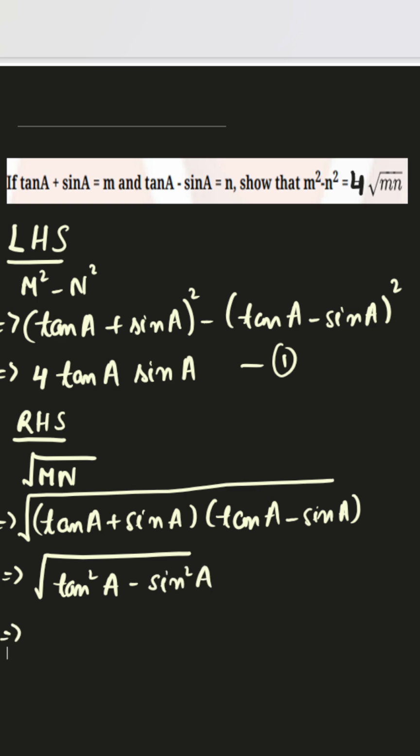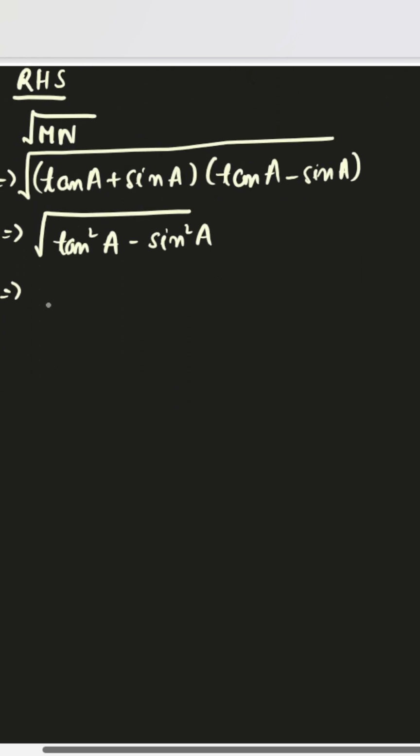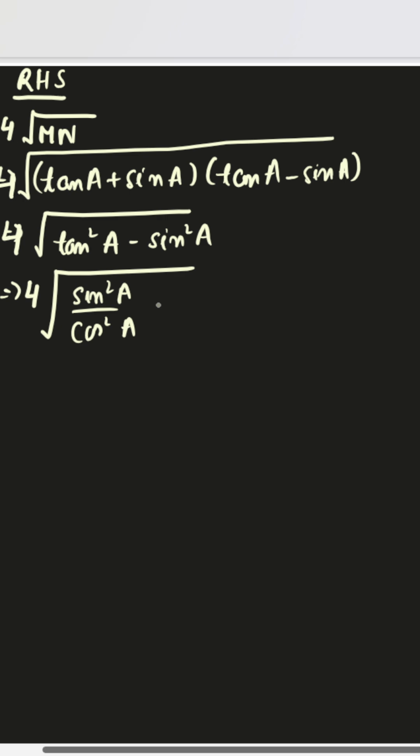Now when we are at this point, we will be expanding tan A, which is sin A by cos A. So I get sin square A by cos square A minus sin square A, and I'll write the 4 as it is.